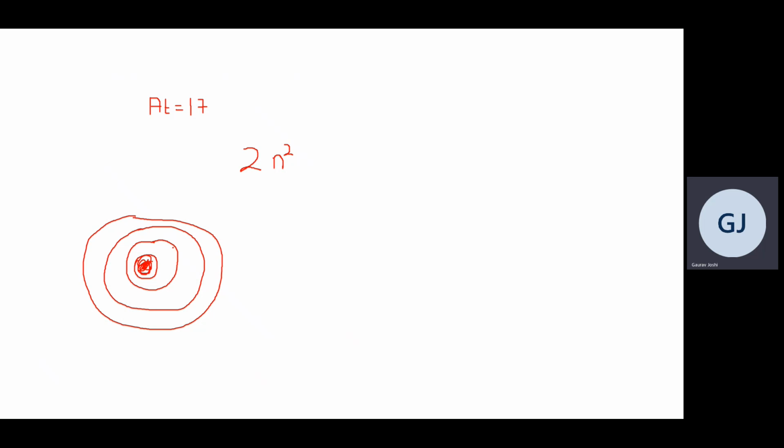In the first shell n is equal to 1, for the second shell n is equal to 2, and for the third shell n is equal to 3. So if n equals 1, it will be 2 multiplied by 1 to the power of 2.